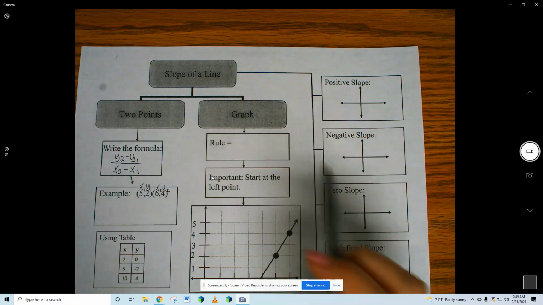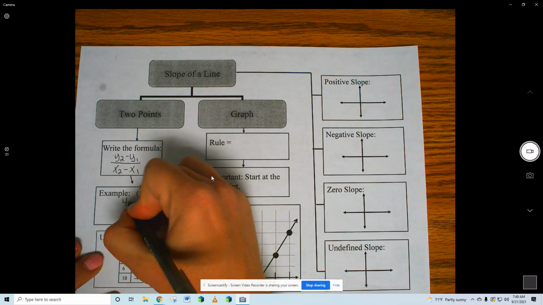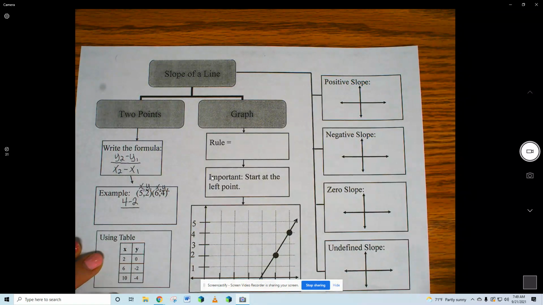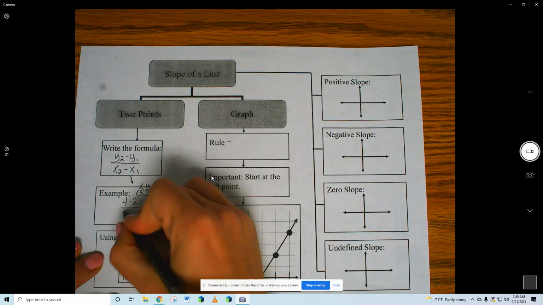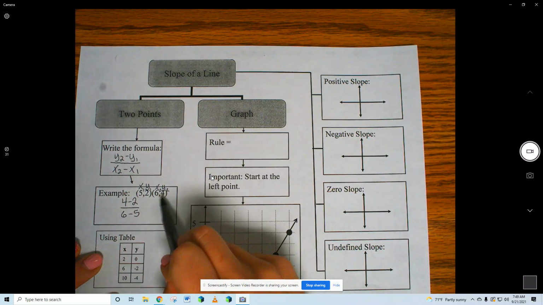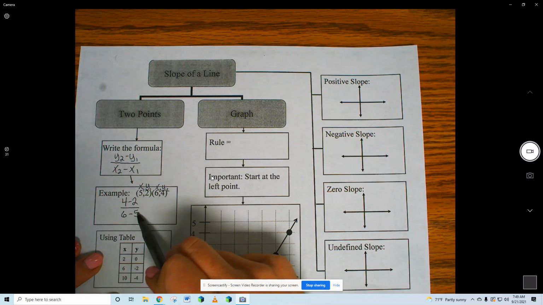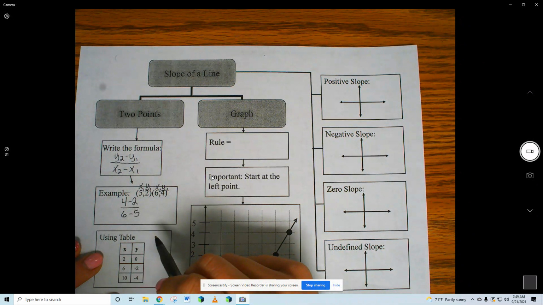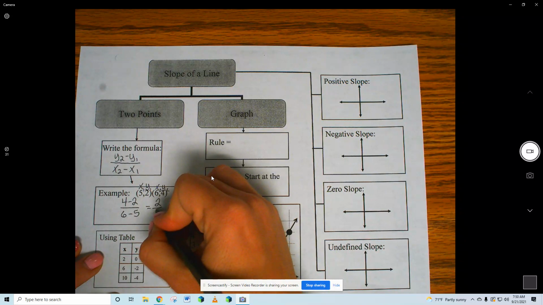And do the subtraction problem. y2 minus y1 over x2 minus x1, 6 minus 5, 4 minus 2. y2 minus y1, 4 minus 2 over 6 minus 5. And then do the math.